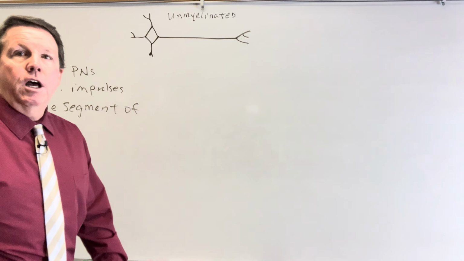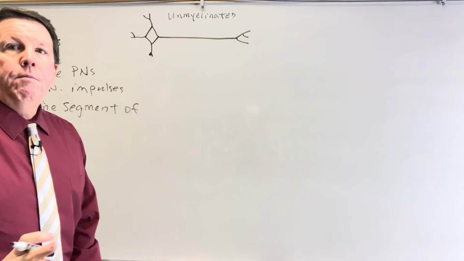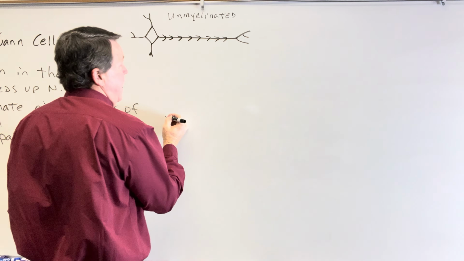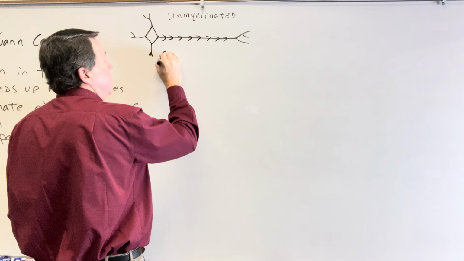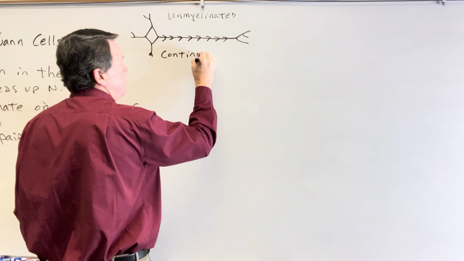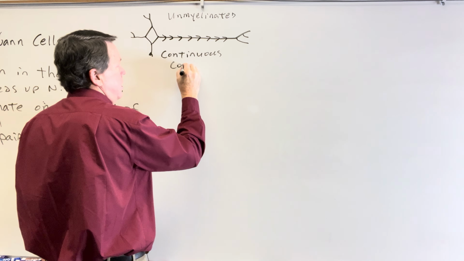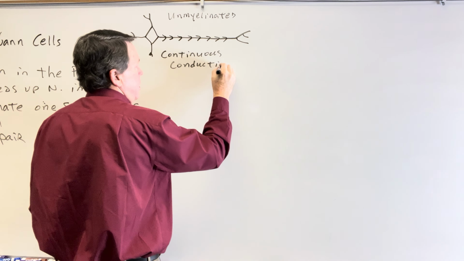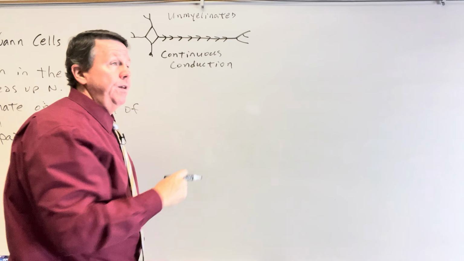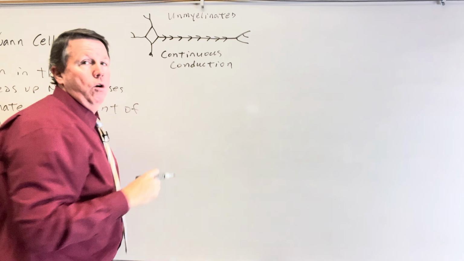What's going to happen in an unmyelinated axon is when an impulse comes down, it has to travel along the whole axon. And we're going to call this continuous conduction, because it has to travel down the whole thing. Sodium and potassium gates have to open and close the whole way down.